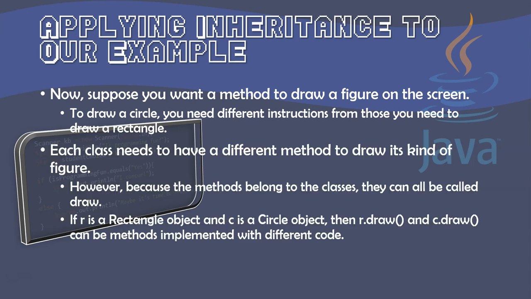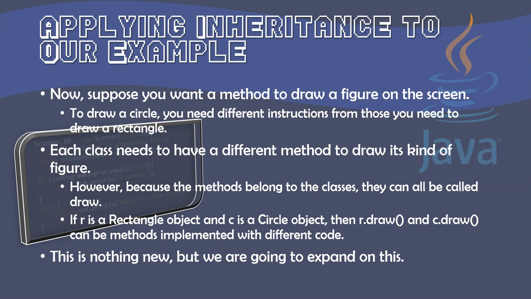Therefore, each class needs to have a different method to draw its own kind of figure. However, because those methods belong to the classes, we could technically just call it draw. We don't have to have a unique name for each class, because each class could use that draw method. So if we have an object called R that's a rectangle object and C is a circle object, we could say R.draw and C.draw, and these can both be methods implemented with different code.